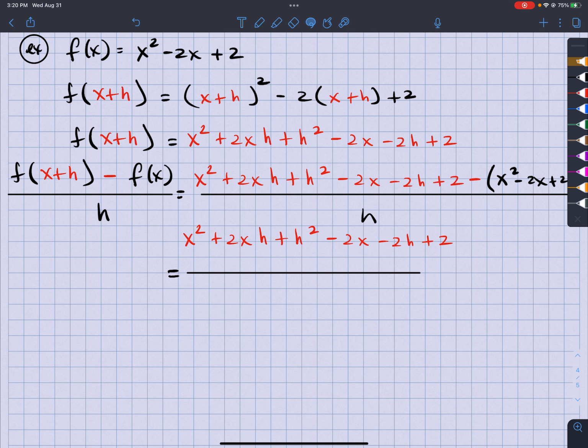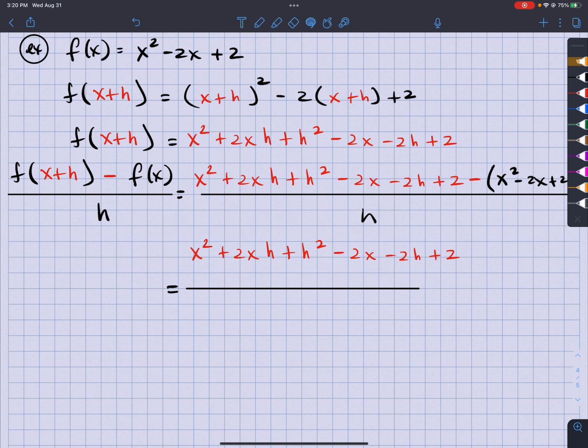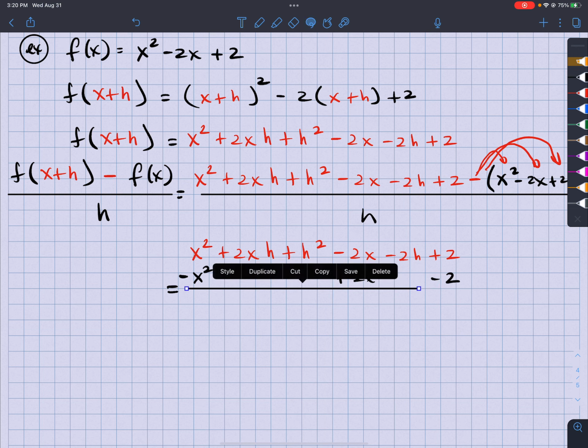However, I have to distribute this negative through. So what I'm actually going to have is a negative x squared, a plus 2x, and a minus 2. And this is going to be all over h.